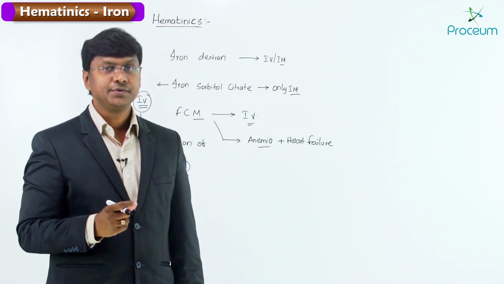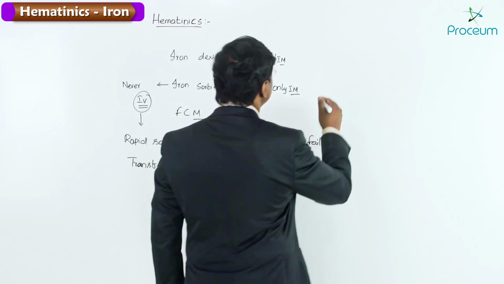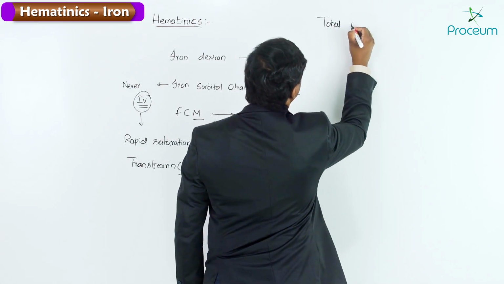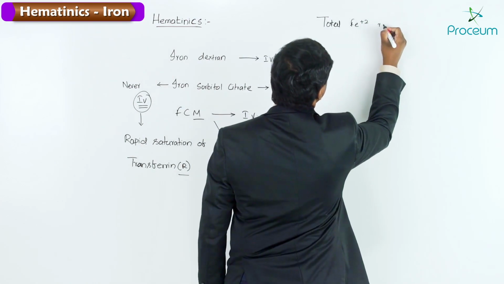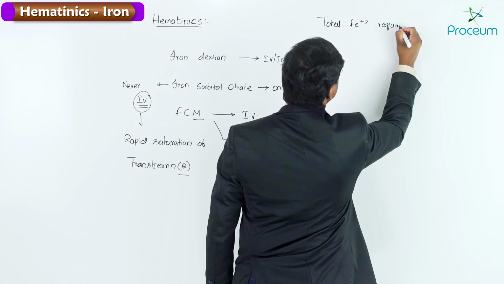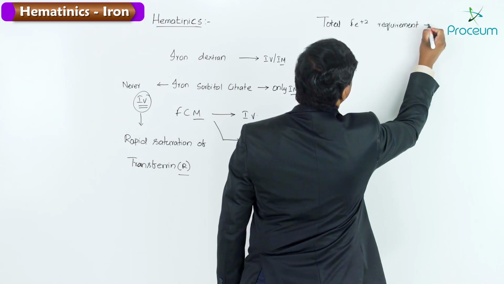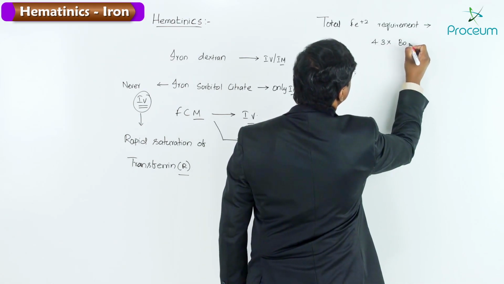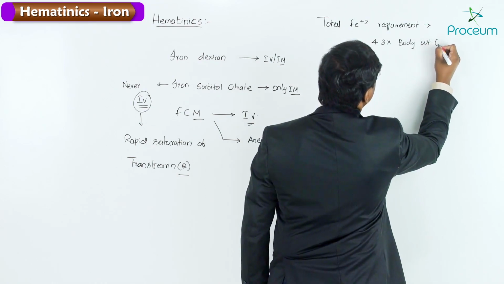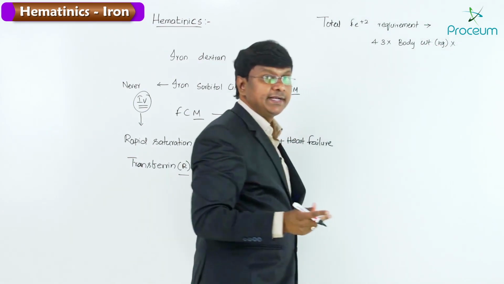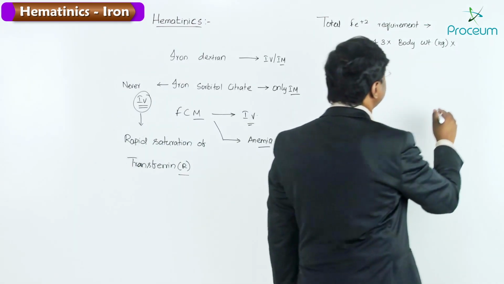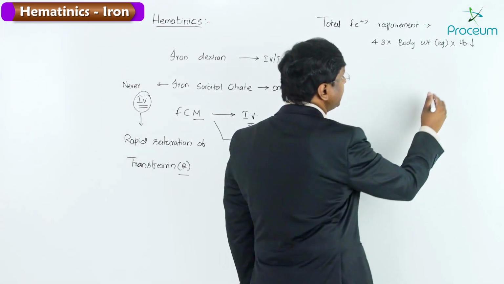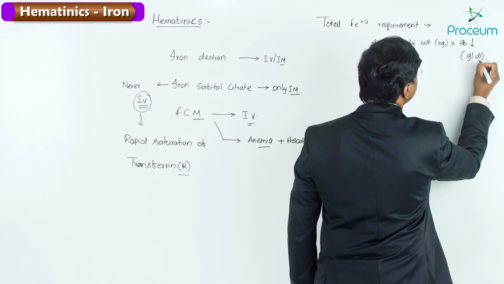Then, how do you calculate the total iron requirement? There is a formula for assessing the total iron requirement: 4.3 multiplied by the body weight of the individual in kgs, multiplied by the hemoglobin deficit, and this hemoglobin deficit is taken in grams per deciliter.